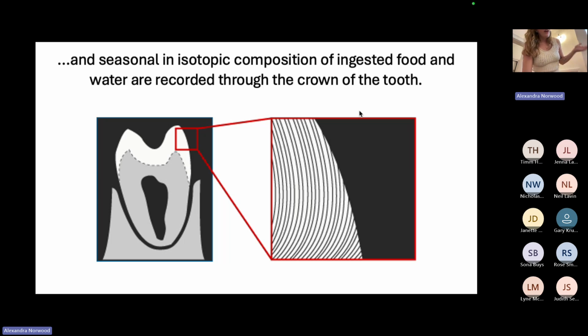And so in these layers, we're capturing different moments in the lifetime and in the diet of the animal that's growing that tooth. So we're changing the ratio of those isotopes through time, and we're recording them in the layers.